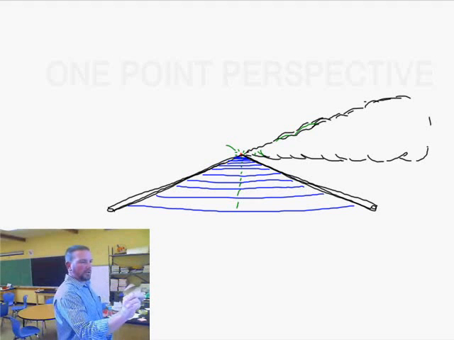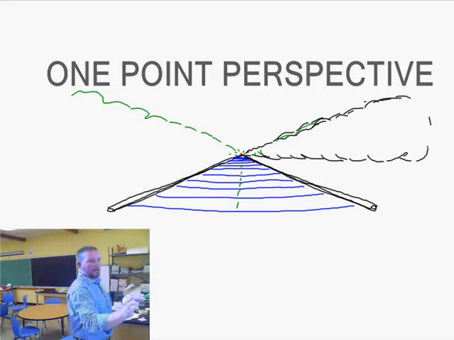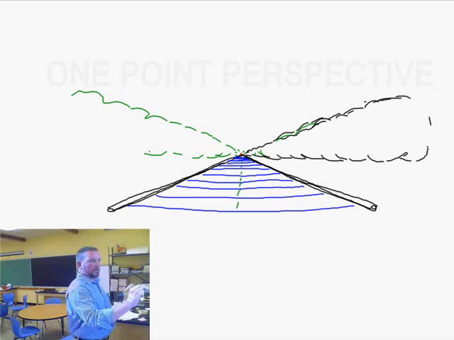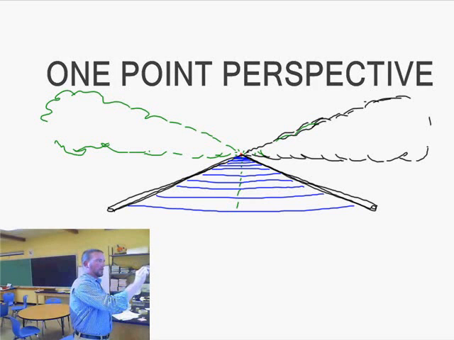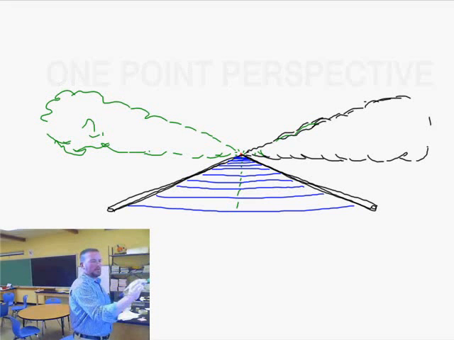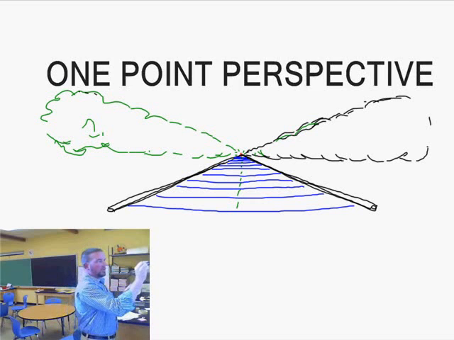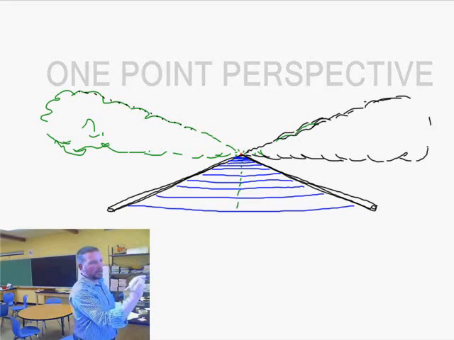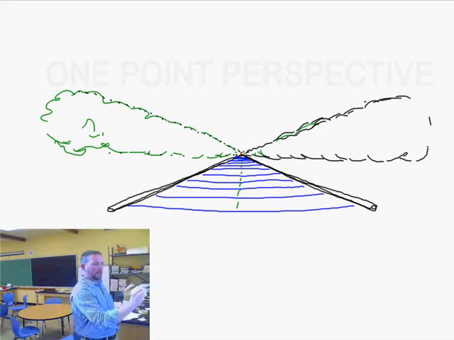So the tops of the trees and the bottoms of the trees all seem to converge. I drew my imaginary line at that one point in perspective.